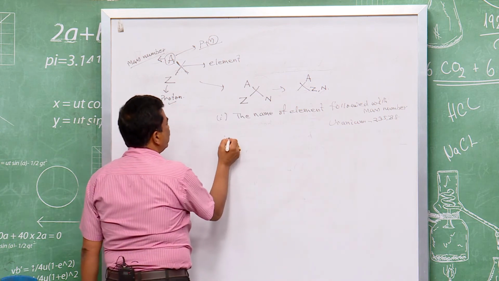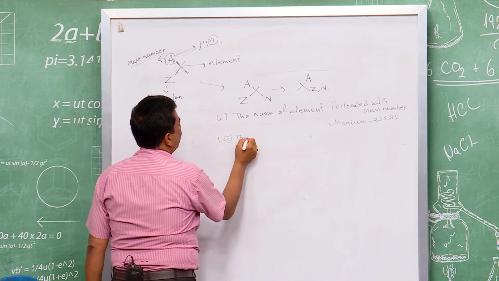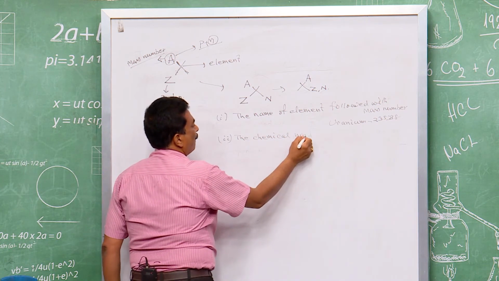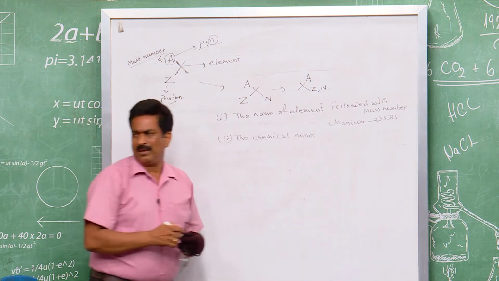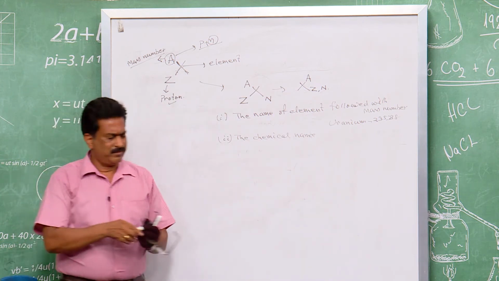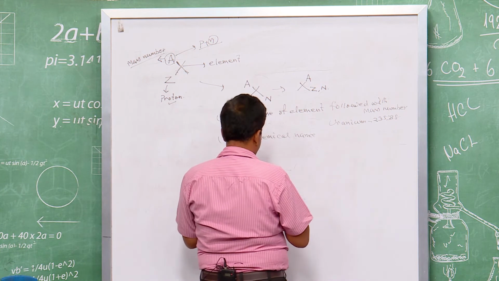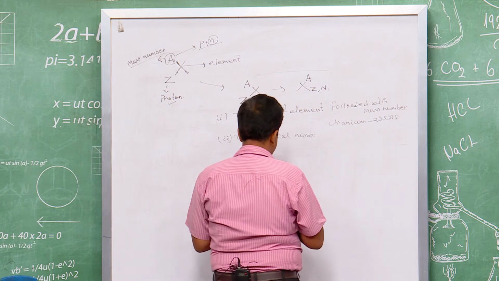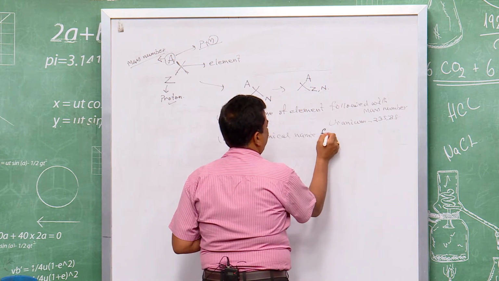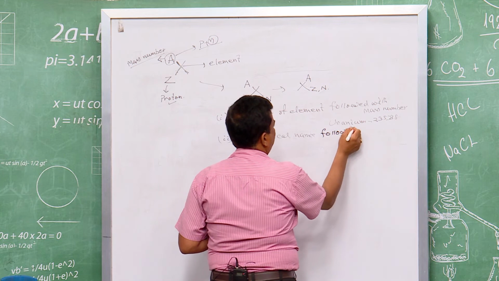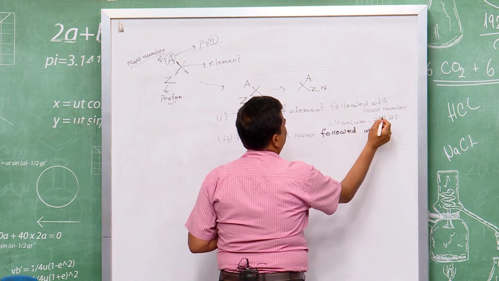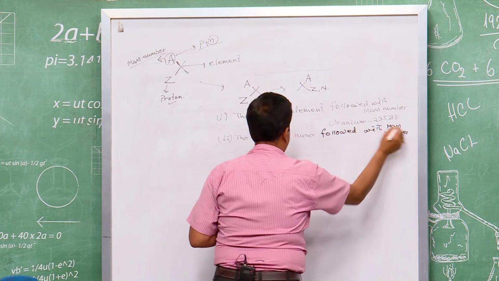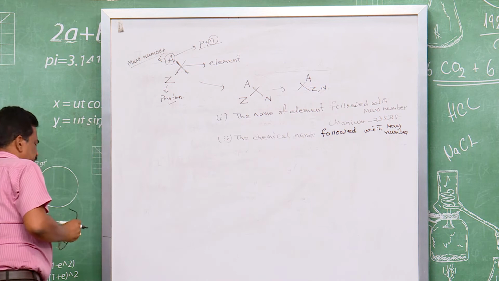The second way is the chemical name followed by the mass number.